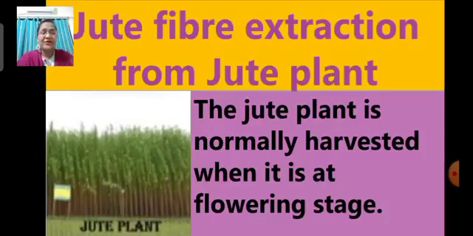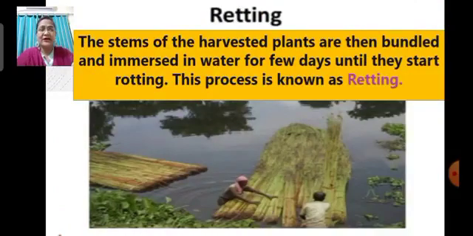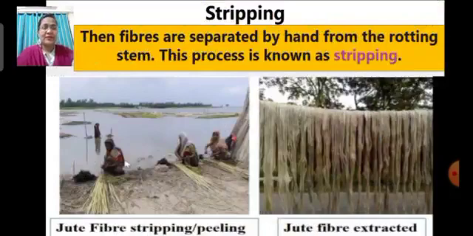Here children, first the jute plant is normally harvested when it is at the flowering stage. Then the stems of the harvested plants are bundled and immersed in water for a few days until they start rotting. This process is known as retting. Then the fibers are separated by hand from the rotten stem, and this process is known as stripping.